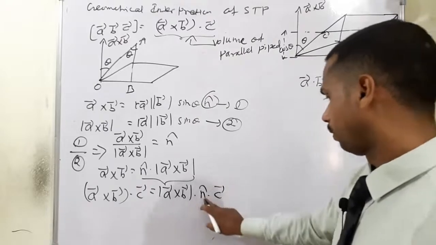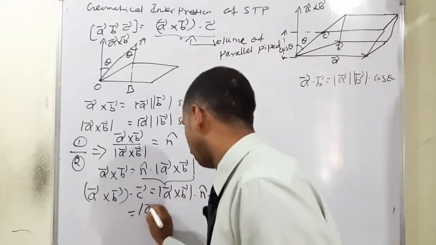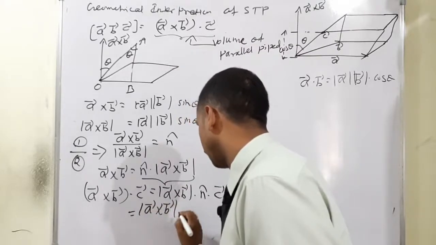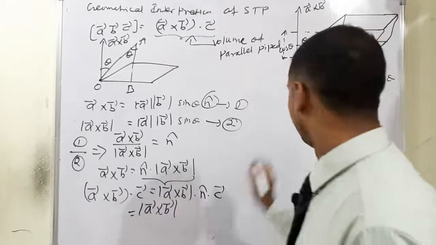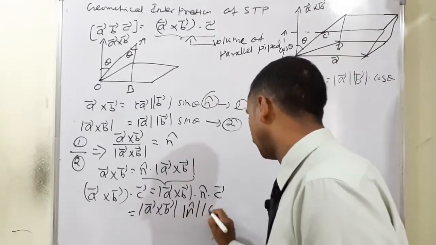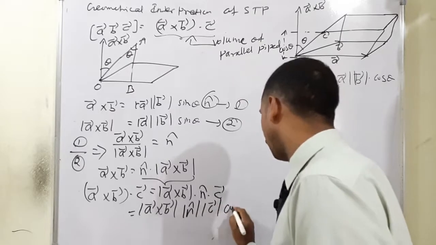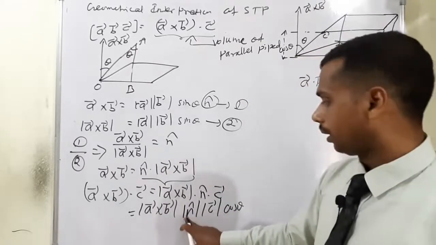So instead of n cap dot C vector, what do we write? Modulus of A vector cross B vector, and for the dot we write modulus of n cap into modulus of C vector into cos theta. The modulus of a unit vector is one, so we can write only one.